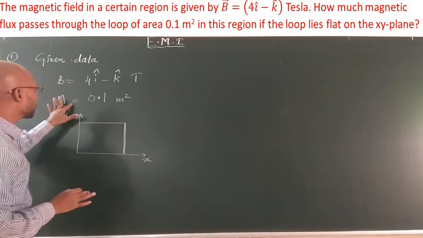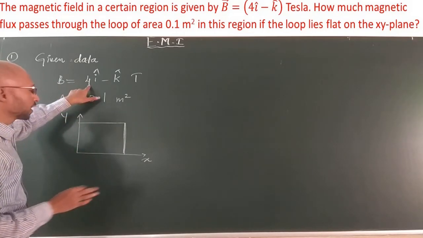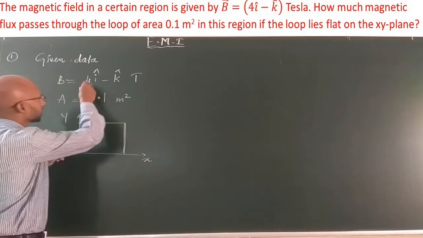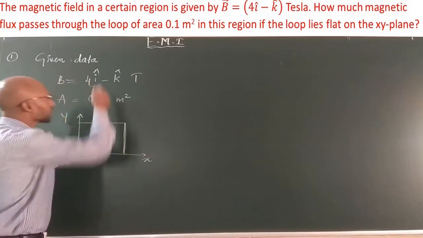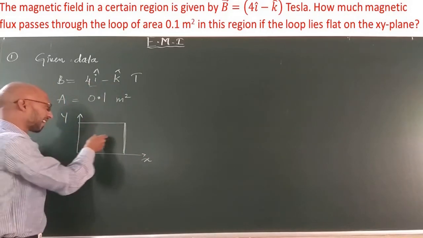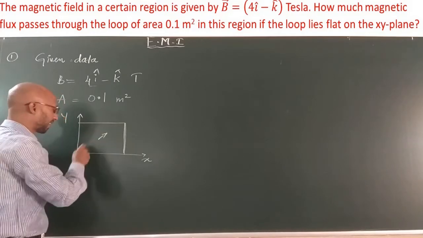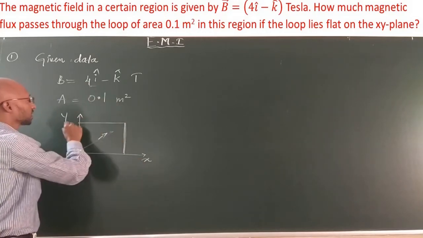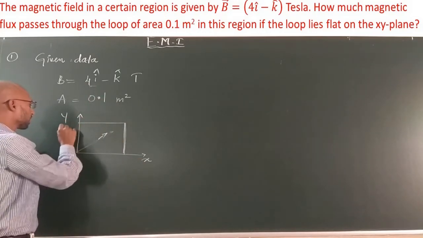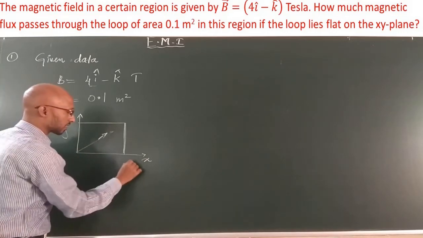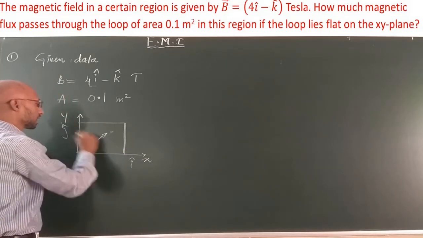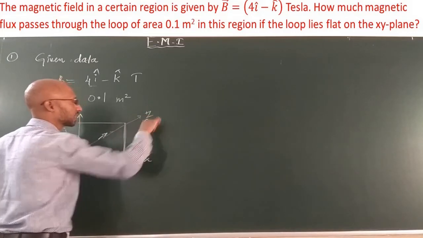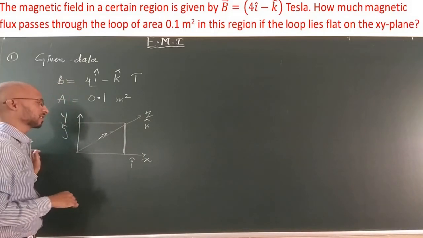Here i is your x-axis, j is your y-axis, and k is your z-axis. This is the direction of the k vector.